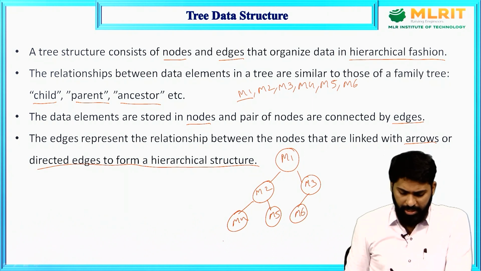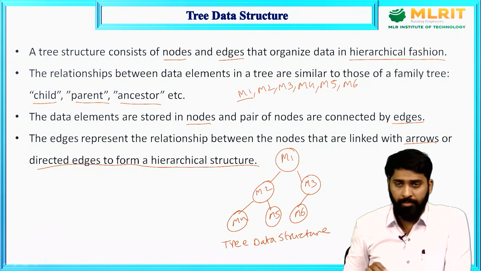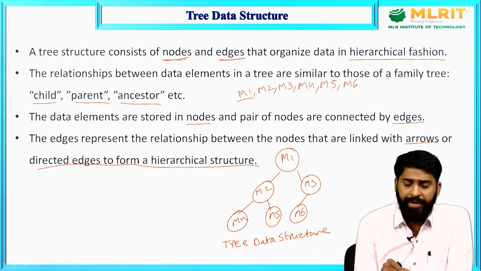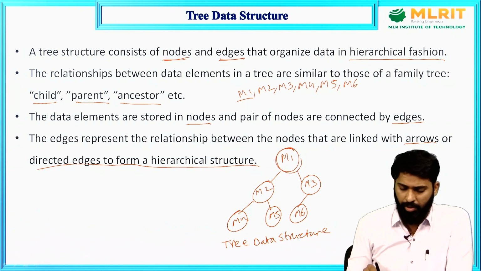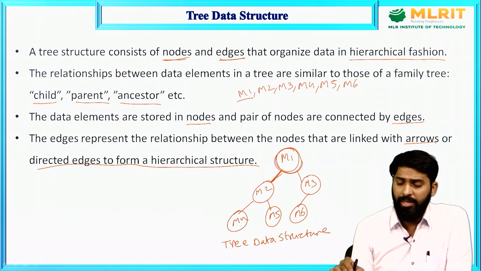So, this is the tree data structure. So, what is the definition? A tree structure consists of nodes and edges. These we call nodes, these connections we call edges, that organize the data in hierarchical fashion.